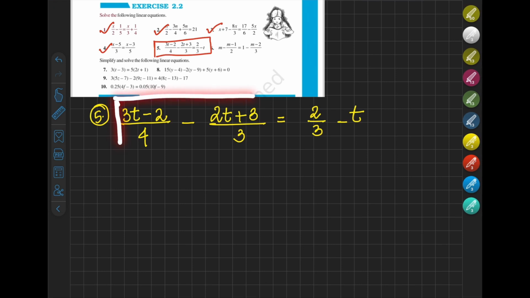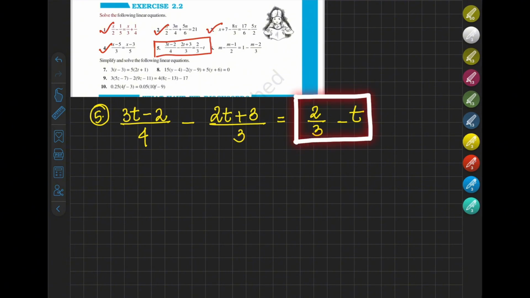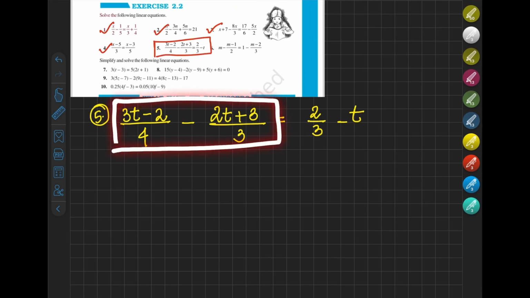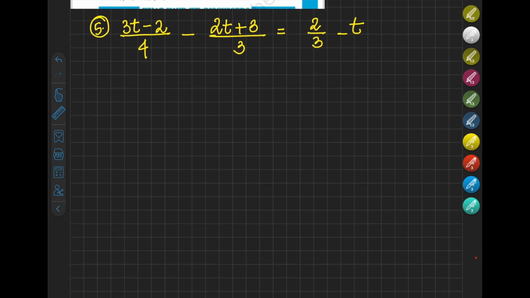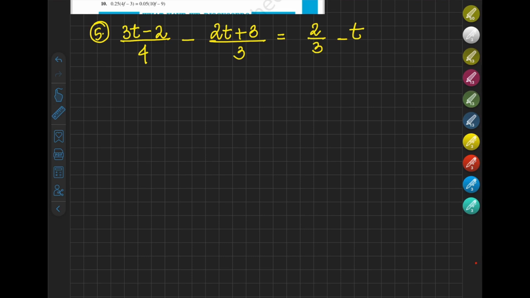We see that on the left hand side we have an expression that is a little complicated, but the right hand side is a simpler one. So what to do now? The first step will be to simplify the LHS and RHS to the point where further simplification is not possible. So let us do that.